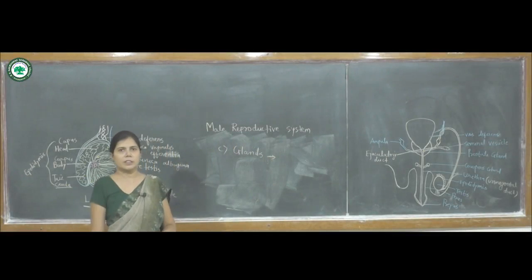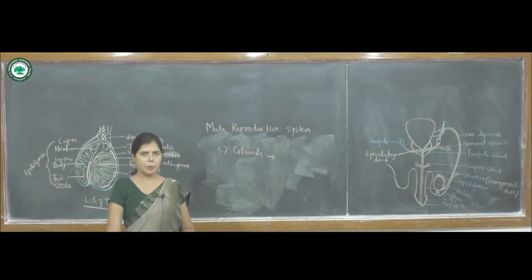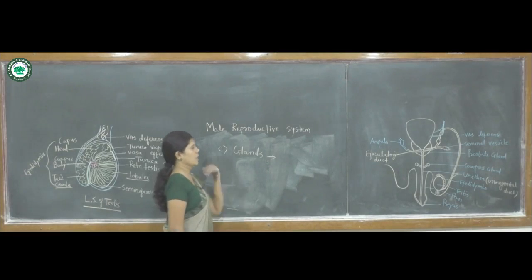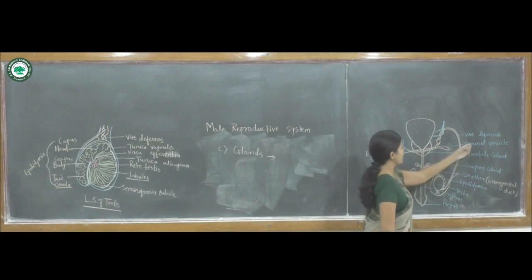There are 3 glands in the male reproductive system. The first one is the seminal vesicle.